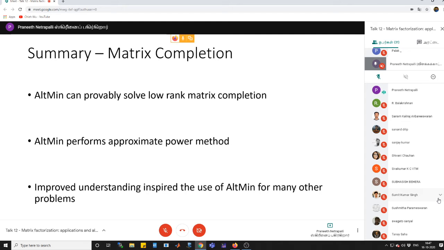There have been other works where people assumed different kinds of sampling probabilities. One particular thing that I know of is that the sampling probability of an element is proportional to its value, right? If a particular entry is large, presumably that person will probably go and either buy or watch, right?